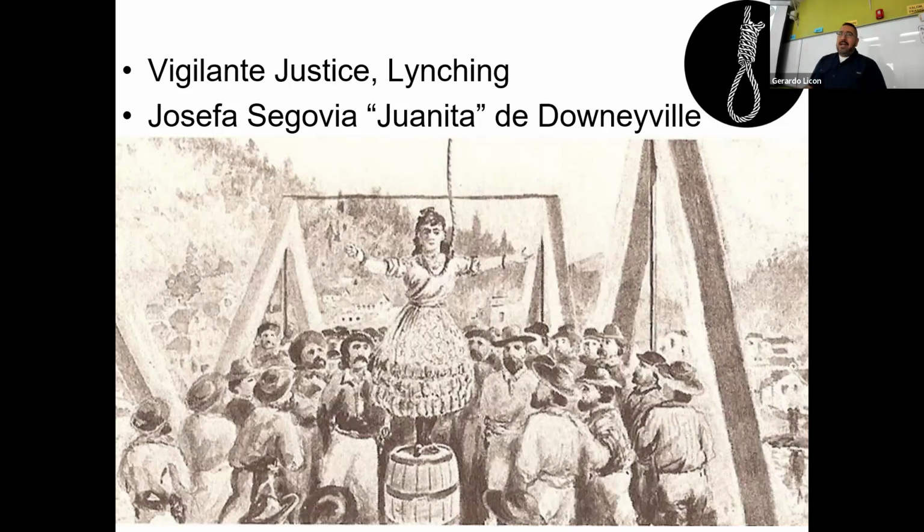And you read in Acuña how people of Mexican descent were actually lynched at a higher rate than African Americans in Mississippi at the same time. And so, yeah, this happened to an alarming degree.